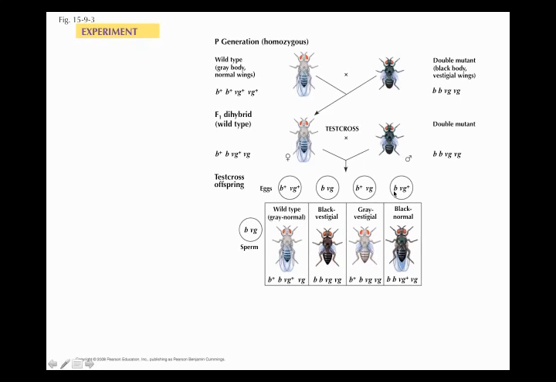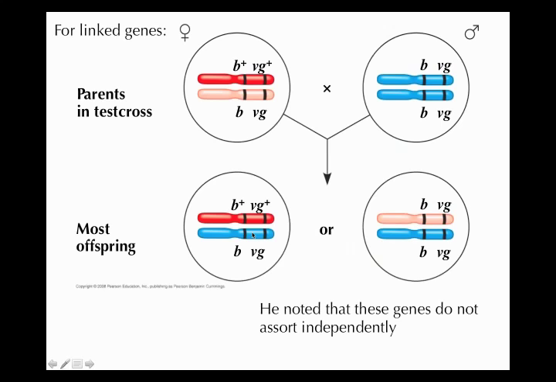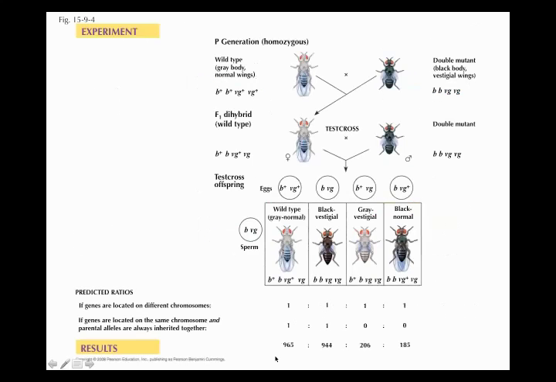So we expect them to mix up. But what happened is that he actually saw different ratios. So he saw that there were about 900, 1,000 of these gray normal winged and the black vestigial winged. And then he had very few, comparatively, about 200, of the gray vestigial and black normal.